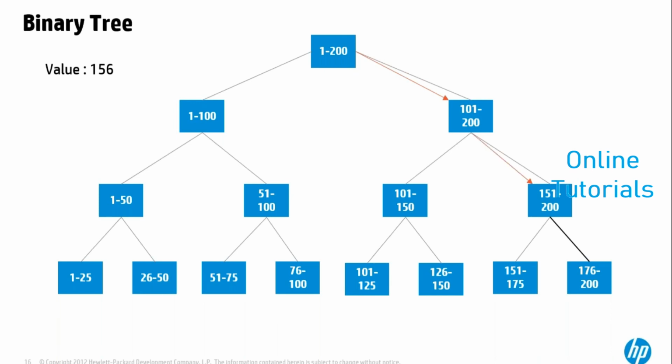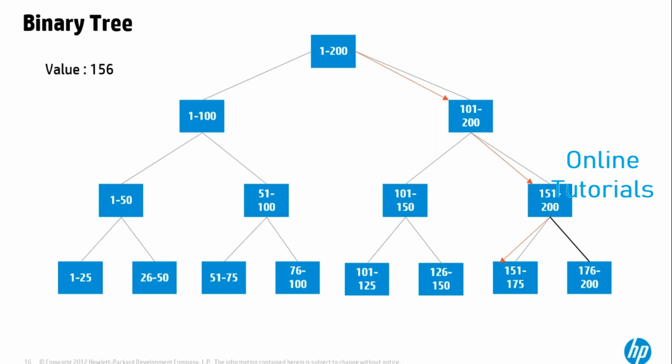Then again it checks where 156 exists: the right side. Again it searches, and it exists on the left side. See how many search steps? One, two, three red arrows. Three. Within three searches, you get the result.